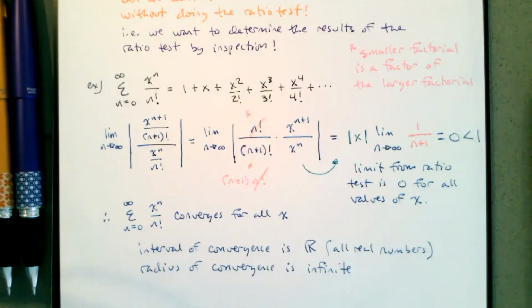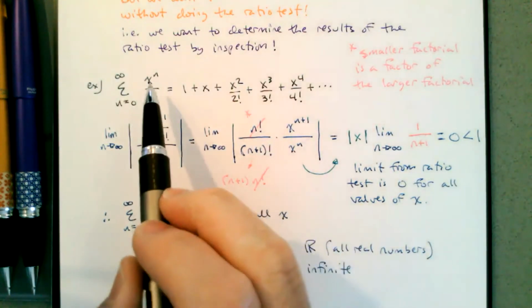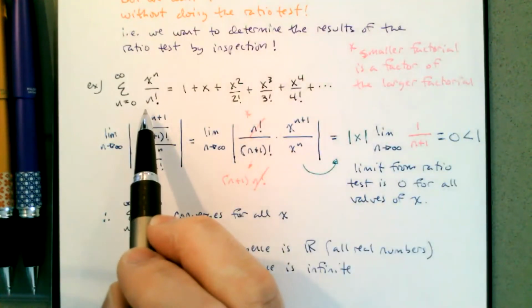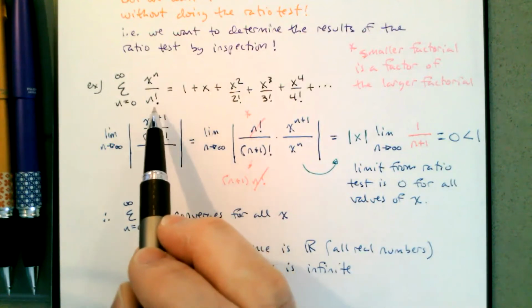When n gets past the size of x, we have the same number of factors, but in the numerator they're all copies of x, and in the denominator we have factors that are mostly bigger.